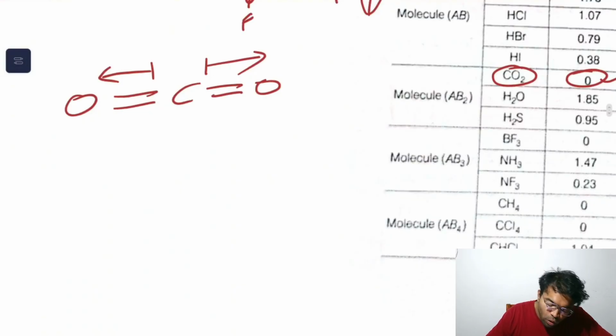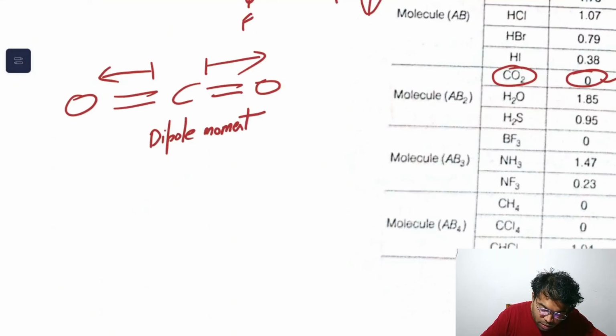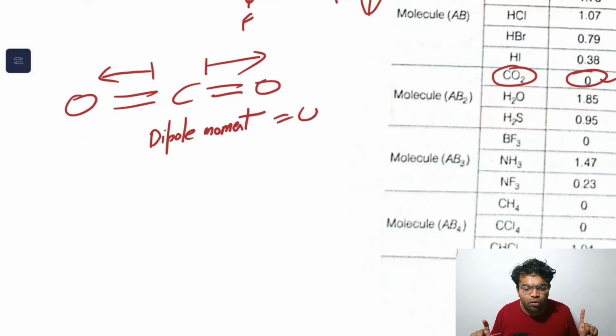Both dipole moments have the same magnitude, but they are in opposite directions, therefore they cancel each other out. Therefore the dipole moment becomes zero. Two equal and opposite forces acting in opposite directions.